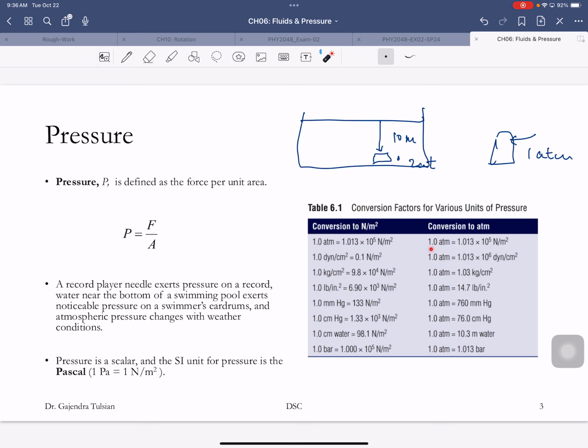Here are some numbers you want to be familiar with in the medical field. 1 atmosphere is 10 to the power 5 newtons per square meter, that is 100,000. You will also see PSI, which is what you see when you fill your car tires with air. PSI means pounds per square inch, and 1 atmosphere is about 15 pounds per square inch.